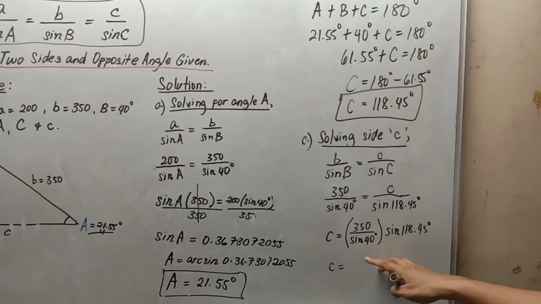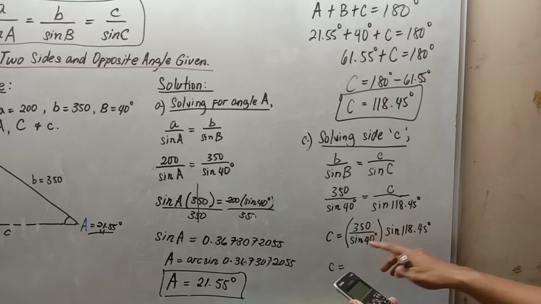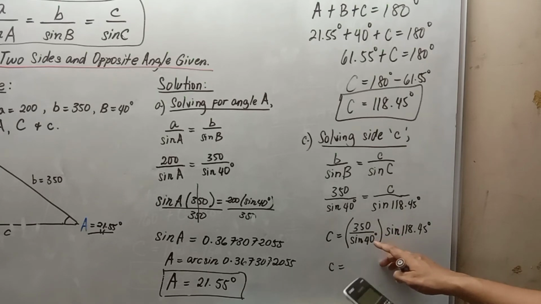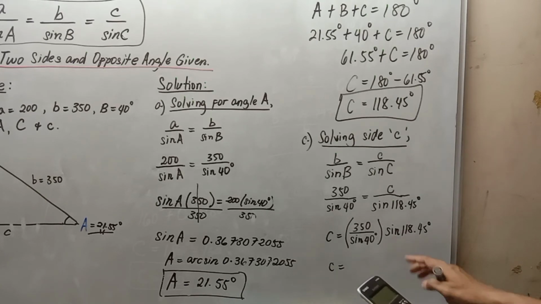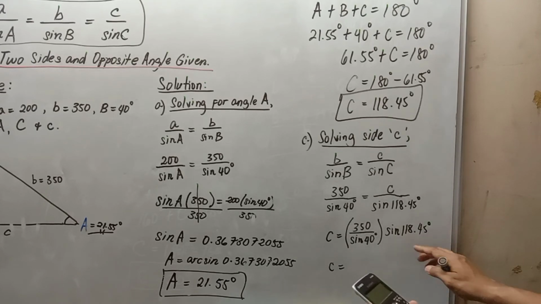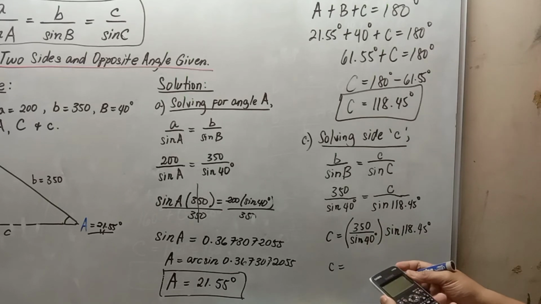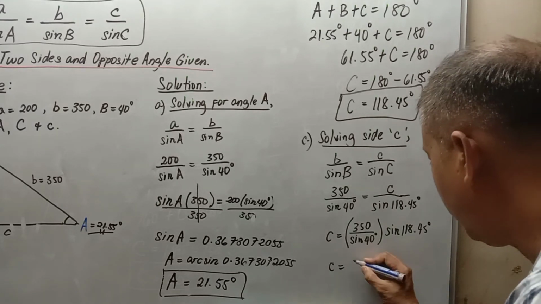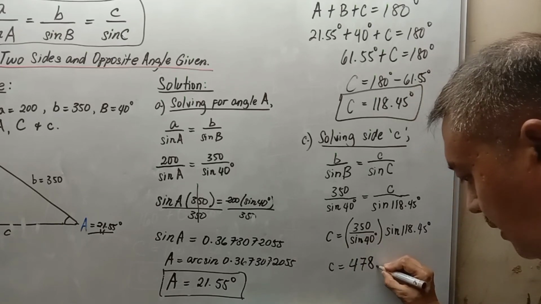So C, or the third side, is equal to, how much is it? 350, the second side or B side, 350 divided by sine 40 degrees, times sine 118.45 degrees, equal to 478.75.